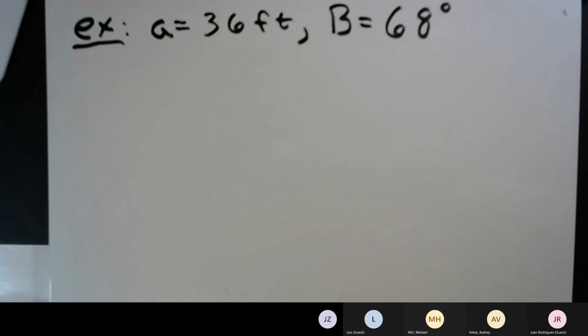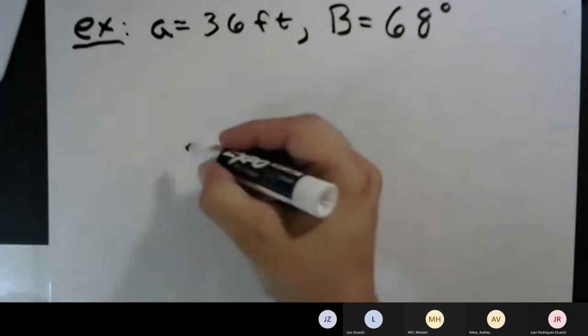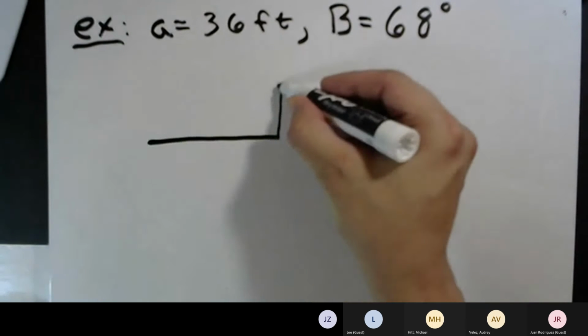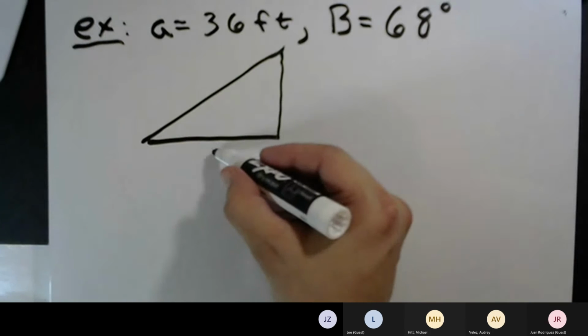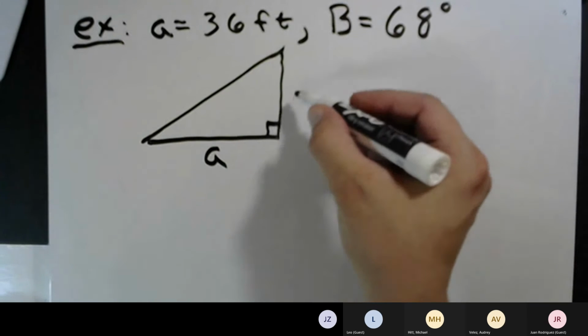The way this is set up is they're going to use capital letters for their angles, and lowercase letters for your sides.